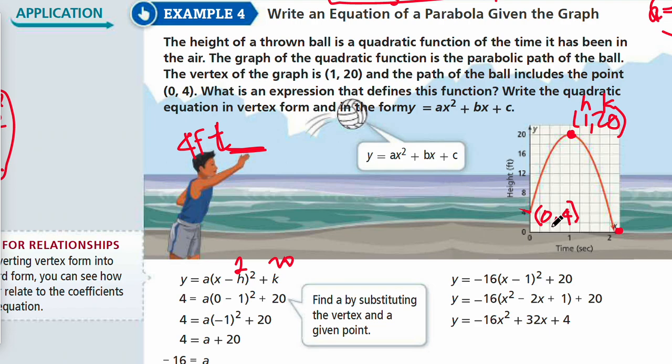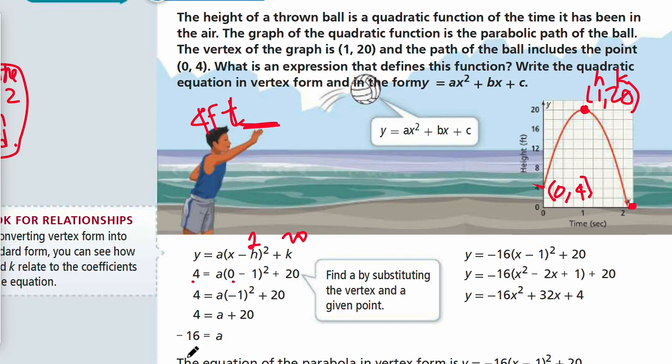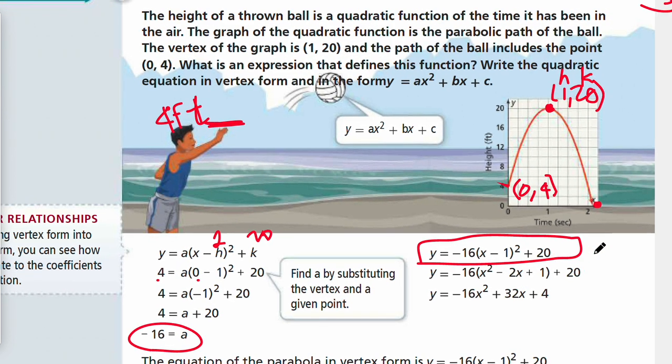And you're going to substitute (0, 4) into x and y to figure out a. So 0 comes here and 4 comes here, and solve the equation to figure out a, which is going to be negative 16. So your equation of the graph will be y equals negative 16 times (x minus 1) squared plus 20. So that's the vertex form of the equation.